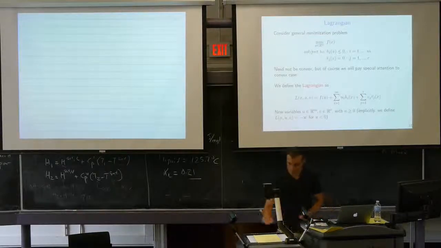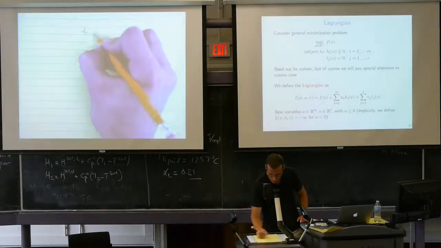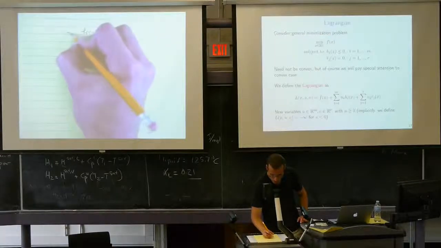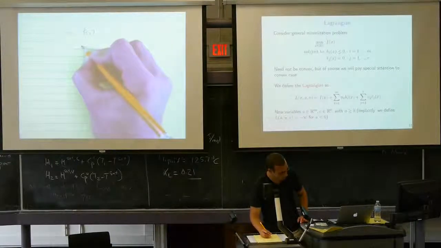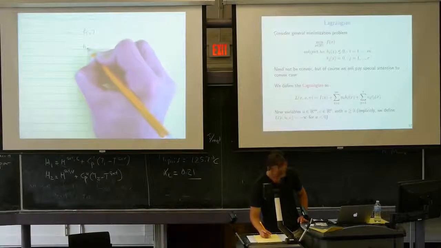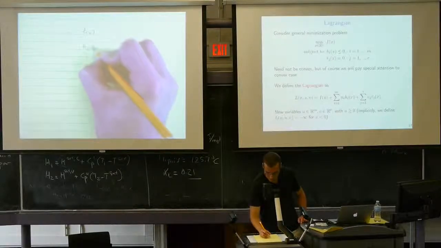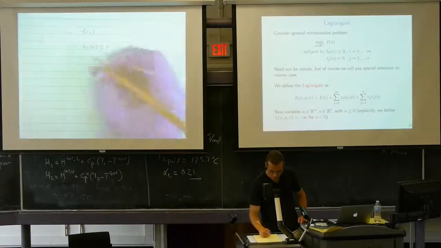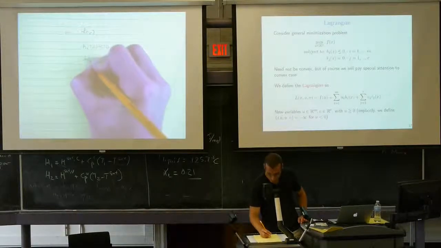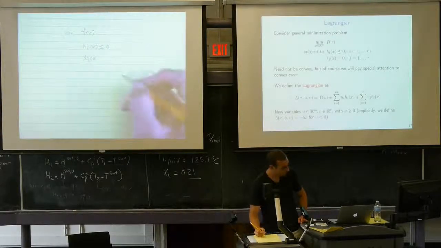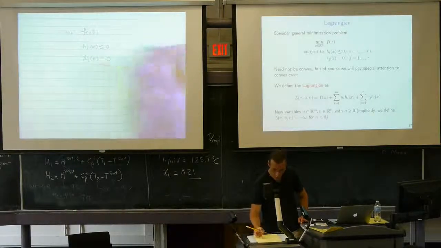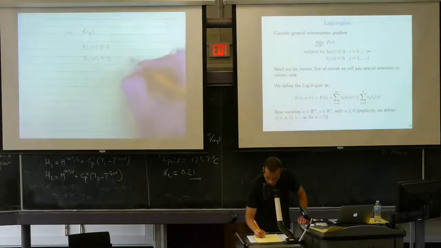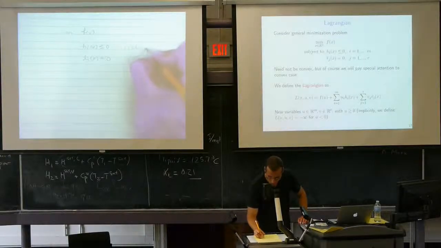So we're going to take this general framework: minimize f of x subject to a bunch of inequality constraints, which I'm calling h_i of x less than or equal to 0, and then a bunch of equality constraints, which I'm calling l_j of x equal to 0, for j equals 1 through r, and for i equals 1 through m.